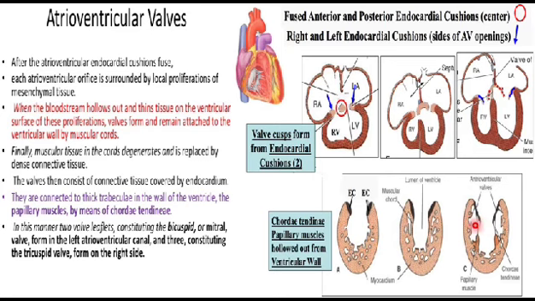The right atrioventricular orifice has 3 leaflets, that is 3 cusps for the tricuspid valve, and the left has 2 cusps for the mitral valve.